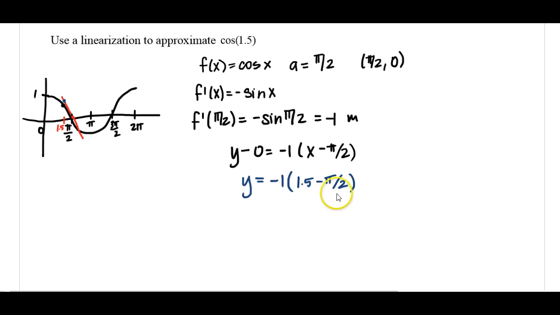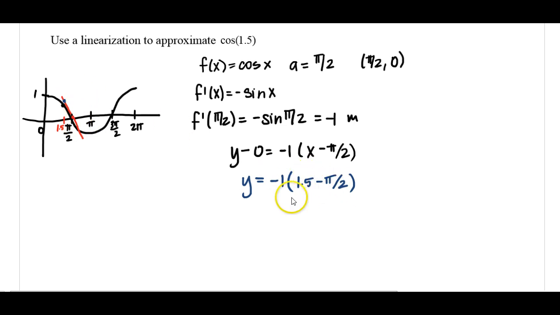Now looking at this, it isn't quite as easy to simplify as the last one, especially because in order to get a decimal number that we can recognize as the approximation, I would have to also approximate the value of pi, of course, because it's irrational, and then divide that approximation by 2 in order to get a number that I can try to identify as the approximation in the context of the graph. So if I wanted a more strict decimal answer, so that it would match what I've done on the graph, I'm going to have to do a little bit more work.